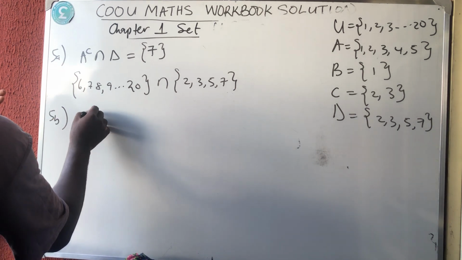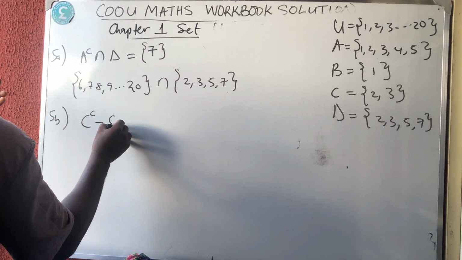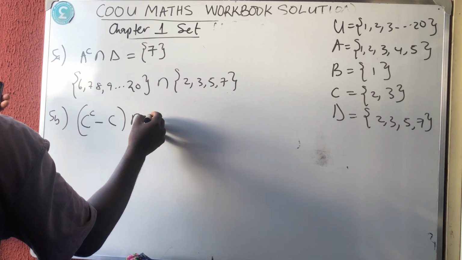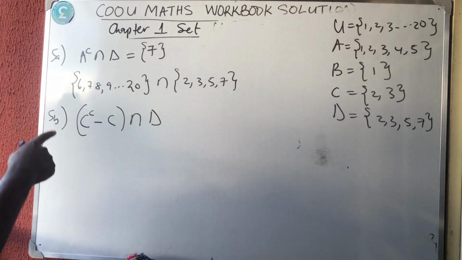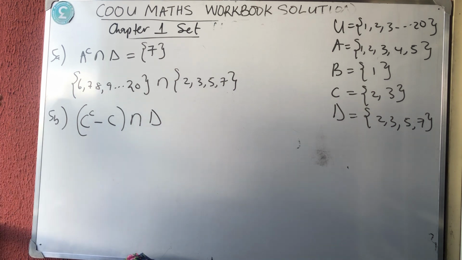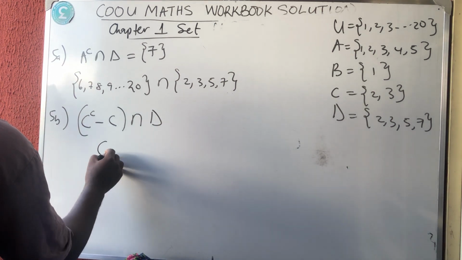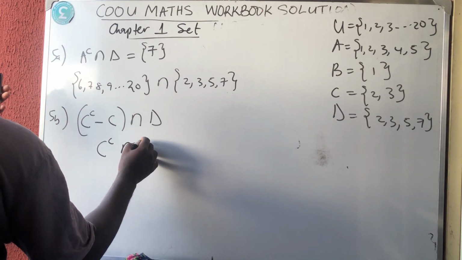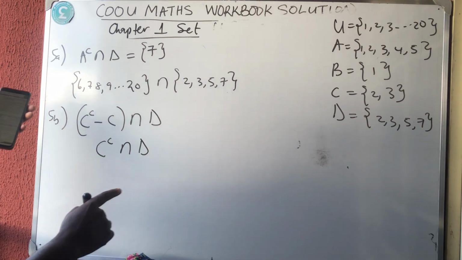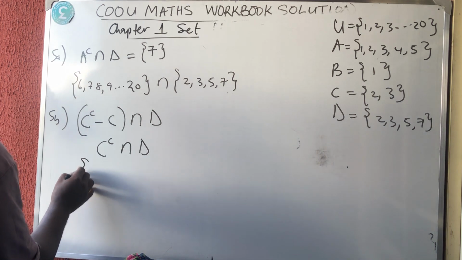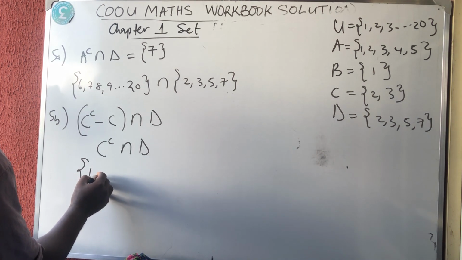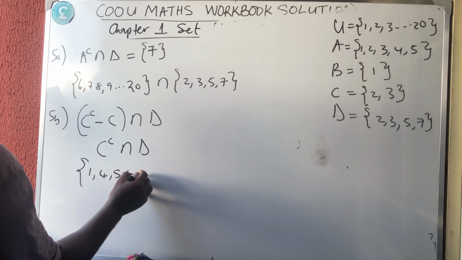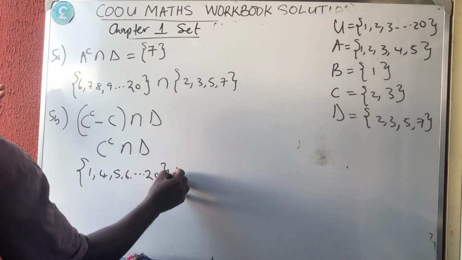said C complement minus C or intersection D. I thought that C complement minus C is still C complement. Okay? This is still C complement. They want to confuse you. Intersection D. So what is C complement? Remove C from the universal set. I'm left with 1, 2 and 3 is out, 4, 5, 6 until 20.